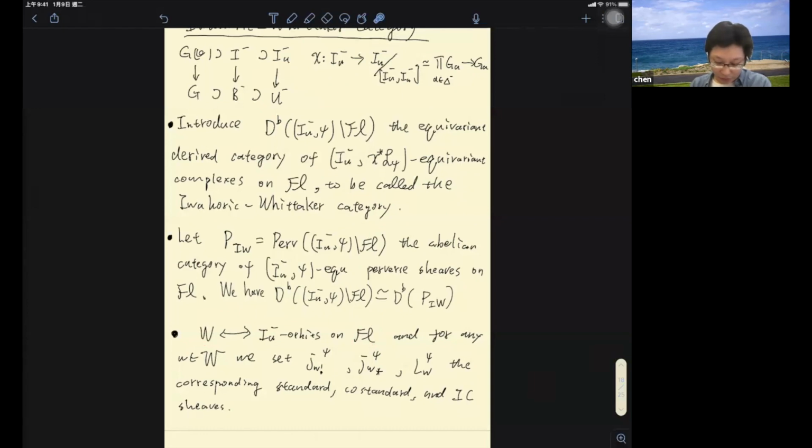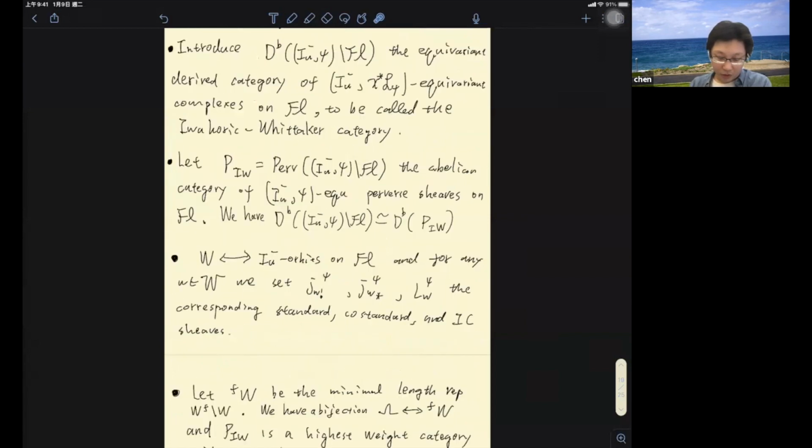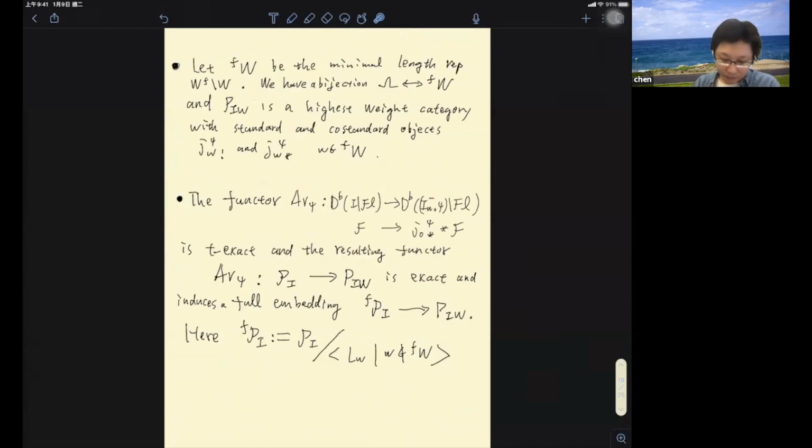For each w, you can consider the corresponding standard, co-standard, and IC, reduced IC sheaves. So you can consider the minimal length representative of the left coset, and we have a bijection between lambda and this minimal length representative. And this abelian category is actually a highest weight category, with standard and co-standard objects given by this.